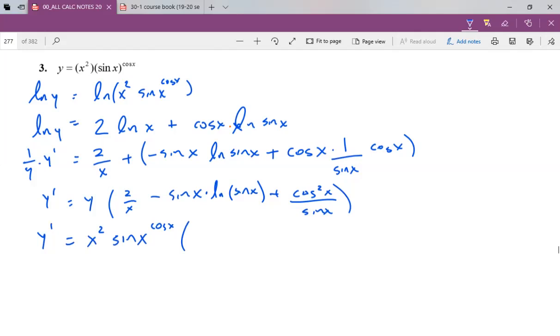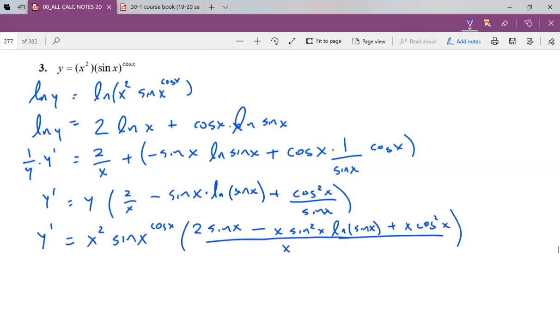So let's call this 2 sine x minus x times sine squared x ln sine x plus x cos squared x. All of this being divided by x.